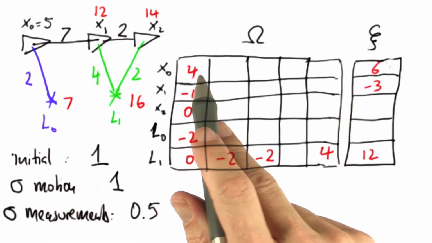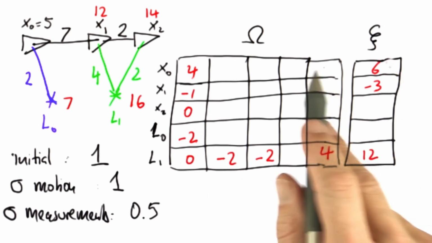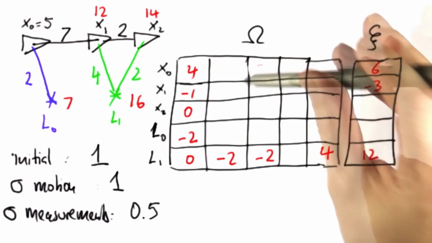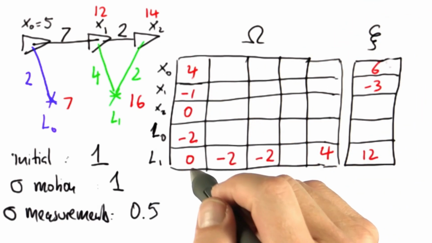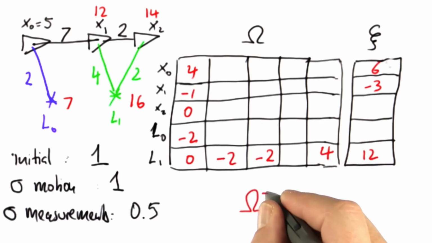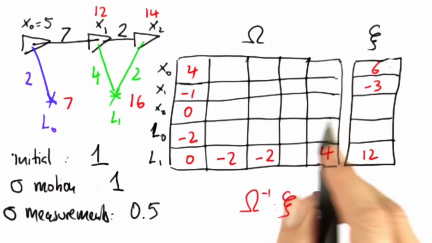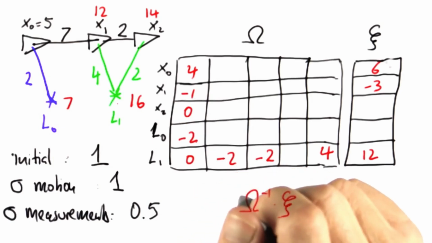I gave you some of the omega values and some of the xi values, and I want you to fill in the missing values over here. You can check whether you got them correct by verifying that I got those numbers correct, and you can also solve for omega minus 1 times xi, and out should come the red positions shown in the diagram over here.